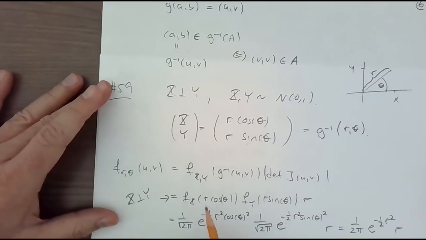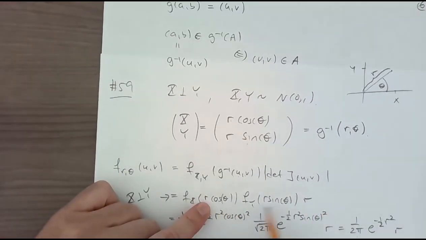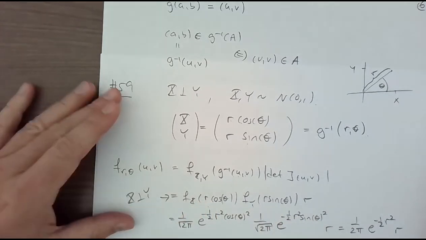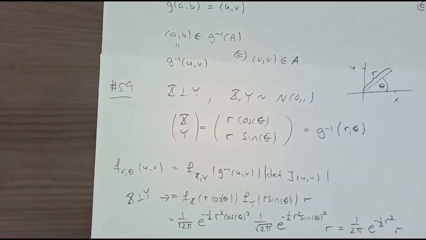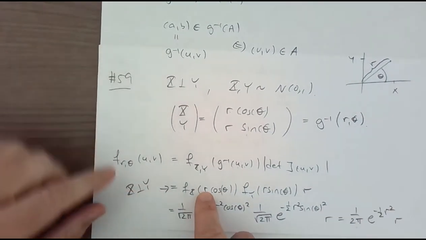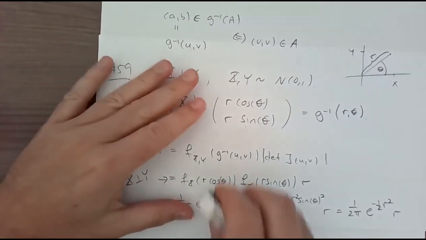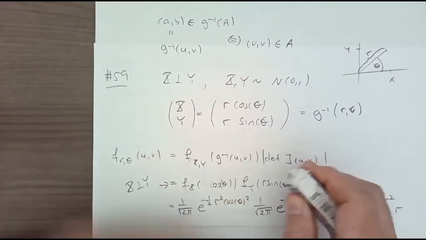So I did the same mess here, right? This is really horrible notation. I have u's and v's, and then they become r's down here. You shouldn't do that. We should keep them the same everywhere. It's just bad style to call this one r and then my random variable r. So I should call them u's and v's everywhere. I'm sorry.